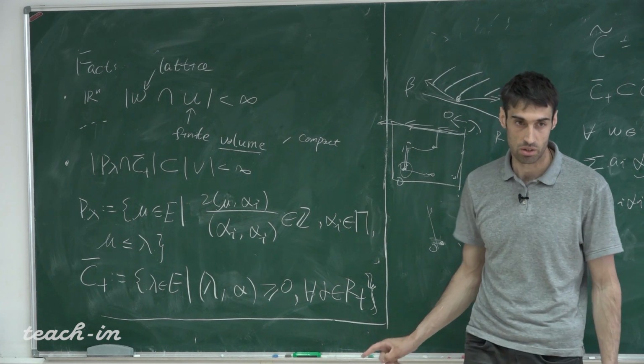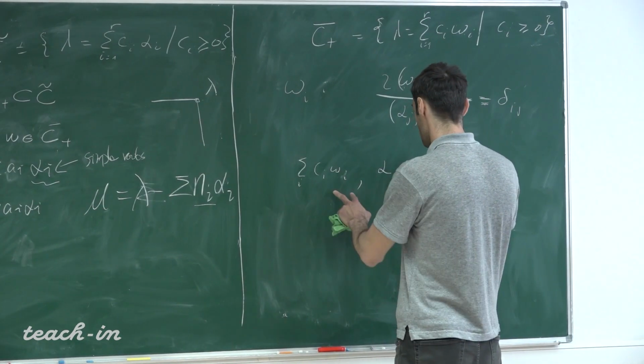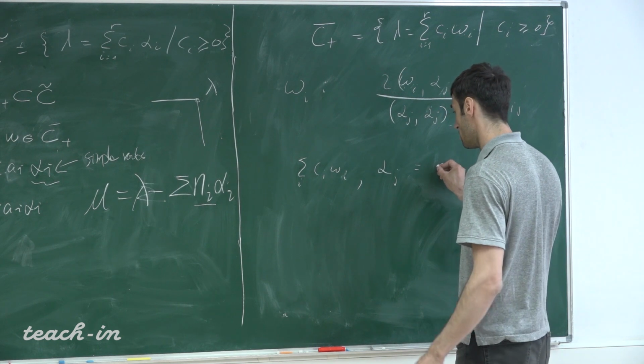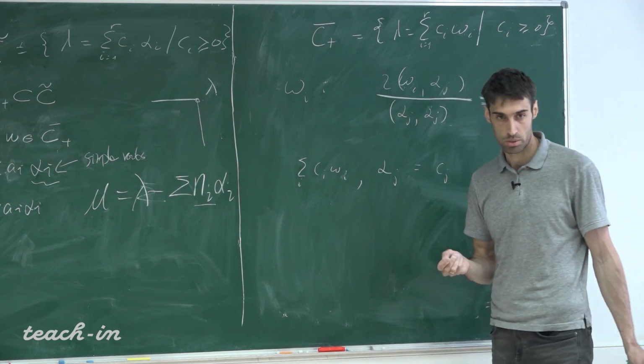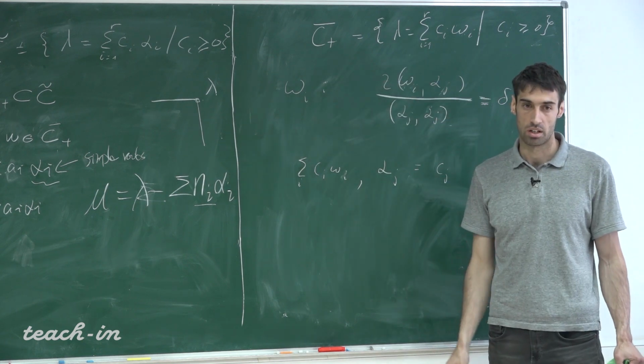That is the same. So I take alpha j, and this will be Cj, which is positive. So this set is inside C plus bar.